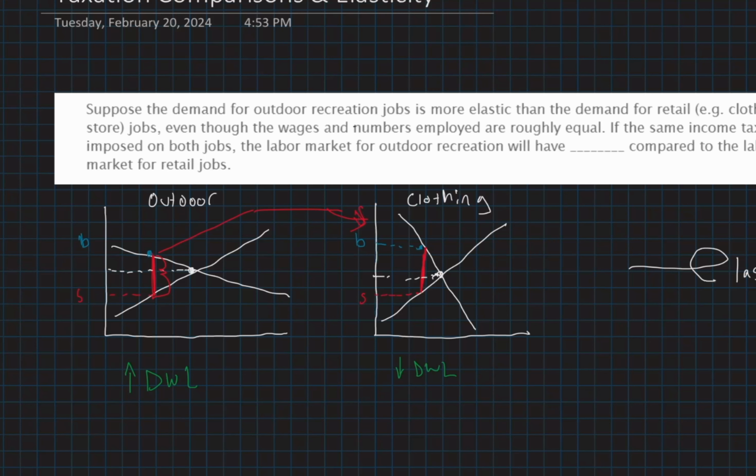What else do we notice? We know that in this one, sellers bear more of the burden. This one, sellers bear less of the burden. And vice versa. This one, buyers bear less of the burden. This one, buyers bear more of the burden.